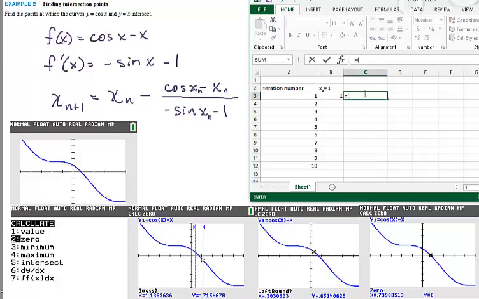Equals, open parenthesis, I want what's in cell B3 minus, open parenthesis, cosine of B3 minus B3, close parenthesis for the numerator, all over open parenthesis, negative sine of B3, close parenthesis, minus 1, close parenthesis, the denominator, close parenthesis, the whole thing. Let's hit enter. Alright, so it gives me this number here.